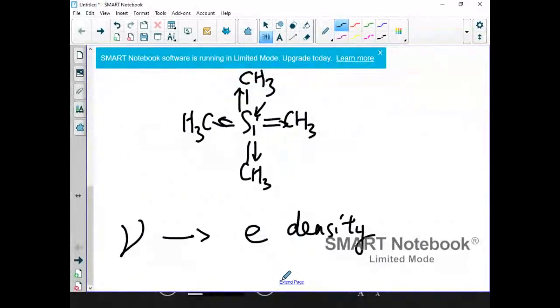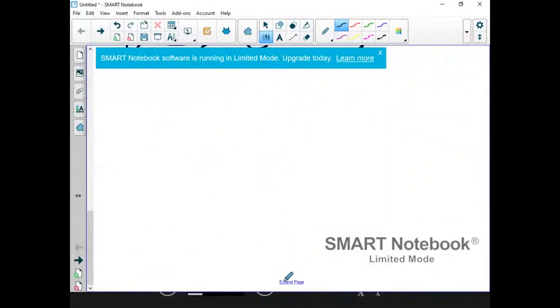Okay, so let's say we're looking at propane as an example.